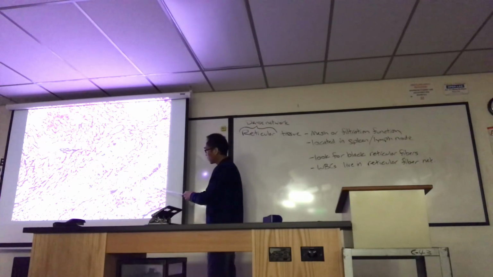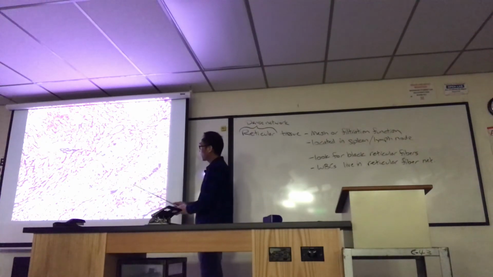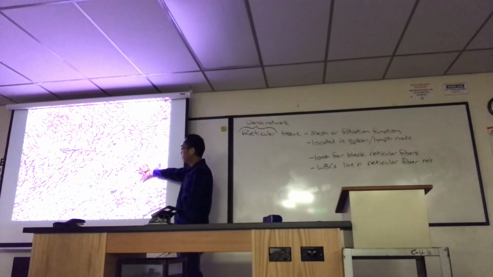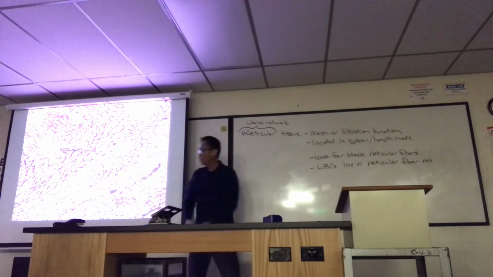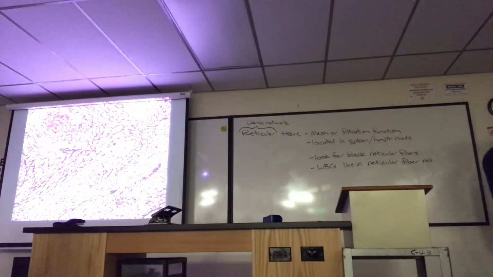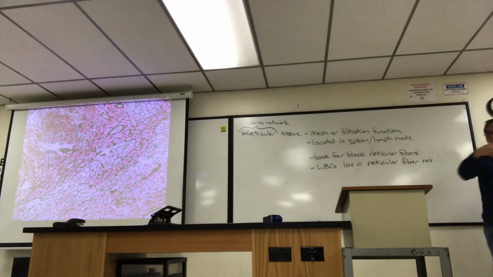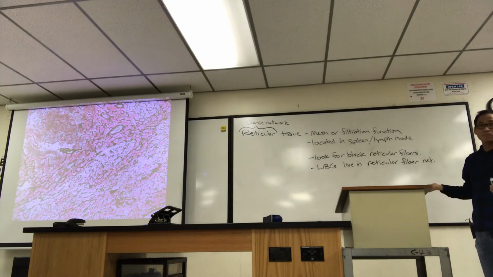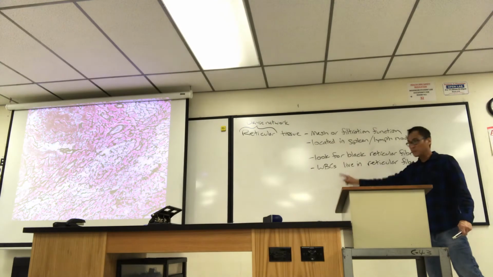So all the little cells that you see are being filtered through this mesh net. And the goal is, if there's an infection, if there's a blood-borne pathogen or something in your lymph, that this reticular tissue will filter it out or initiate an immune response.